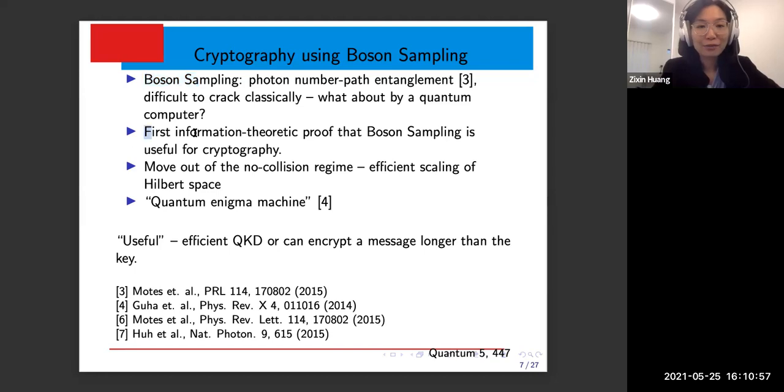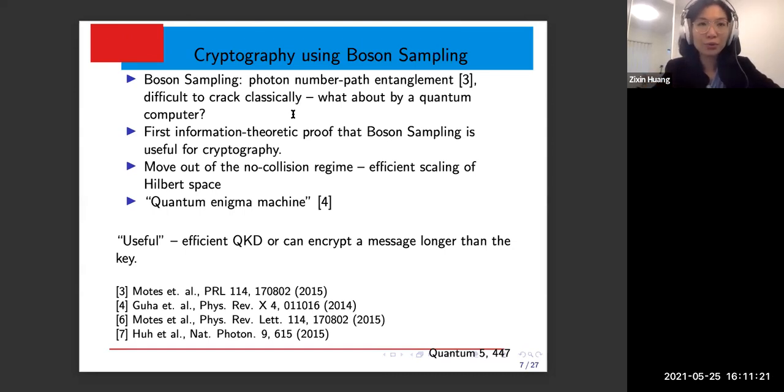Here we have a first information-theoretic proof that boson sampling is useful for cryptography. By useful, I mean that we can either do quantum key distribution or encrypt a message that's much longer than the key. The latter is what we will concern ourselves with.